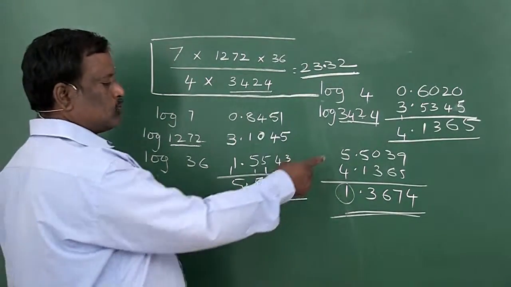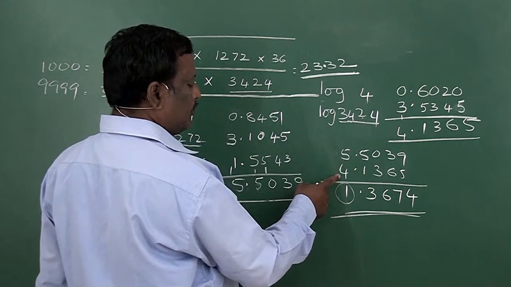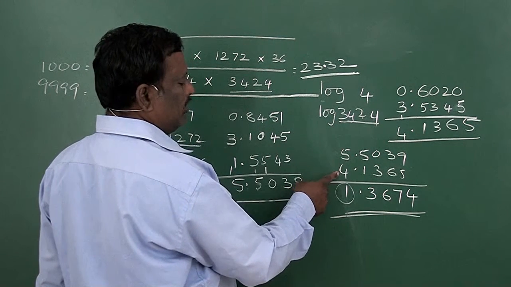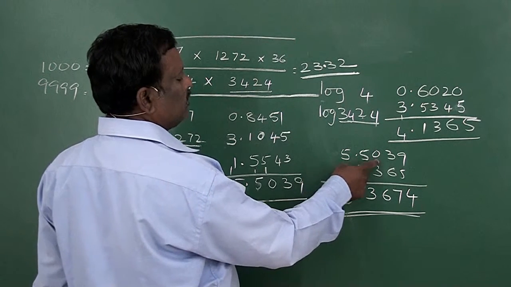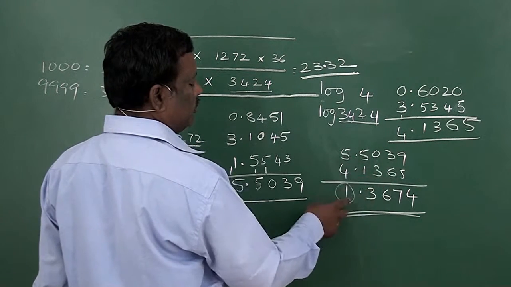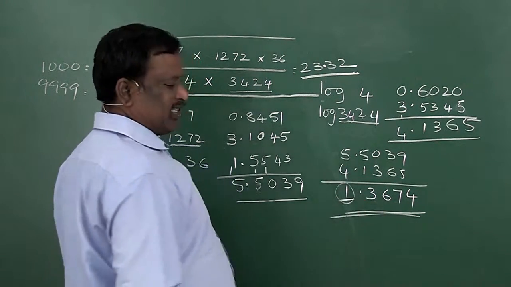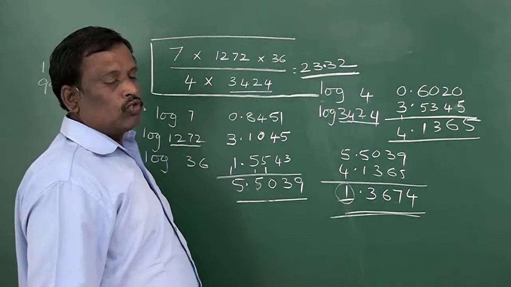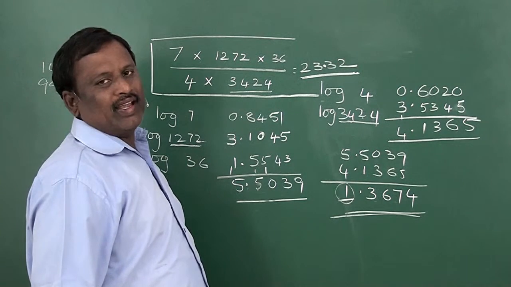So now subtract the log value of the denominator from the numerator. The numerator log value is 5.5039 and the denominator log value is 4.1365. On subtraction you will get 1.3674. So this 1 is the characteristic of the answer. So 1 means it is a 2-digit number, then only you will have 1 as a characteristic.